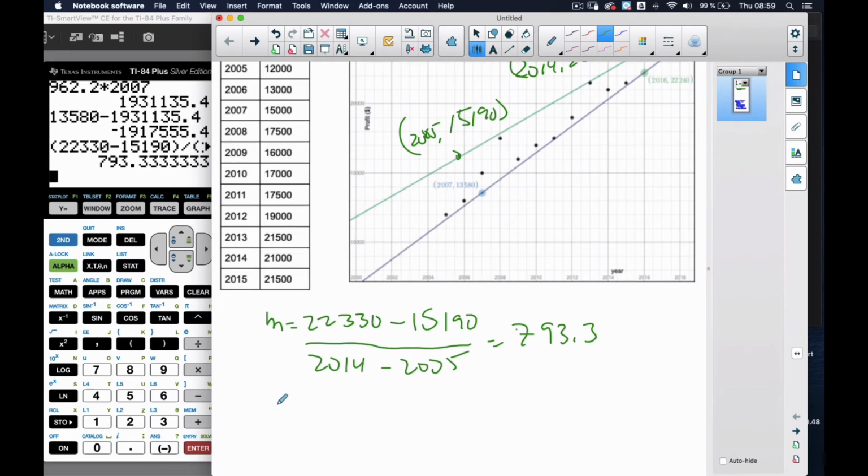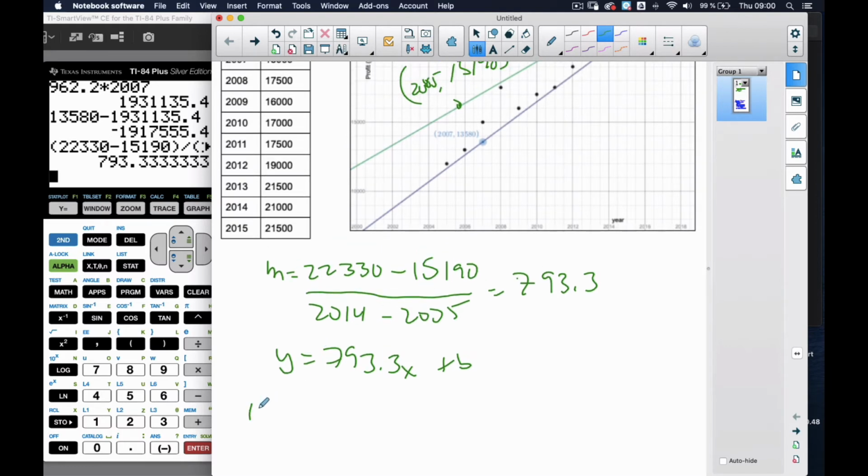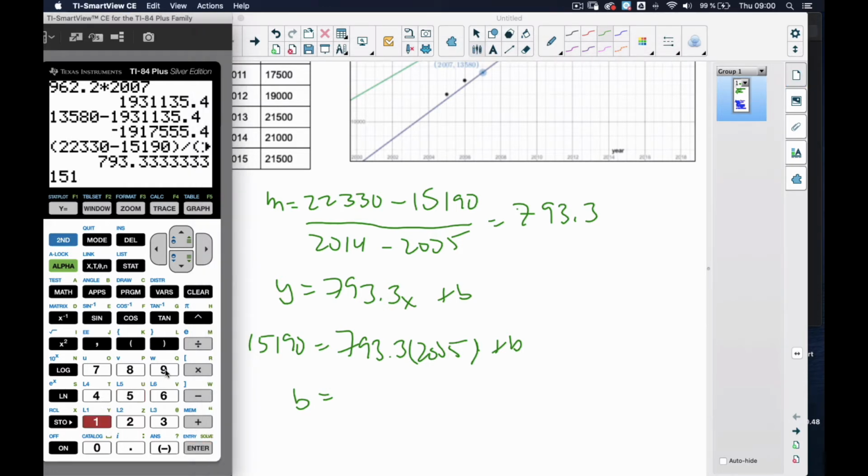Now I have my slope, y equals 793.3x plus b. I'm going to plug a point in. We'll plug in this point that I can see: 15190 equals 793.3 times 2005 plus b. And so b will be 15190 minus, I'm going to multiply those together, I'm doing a bunch of steps in my head here, times 2005.